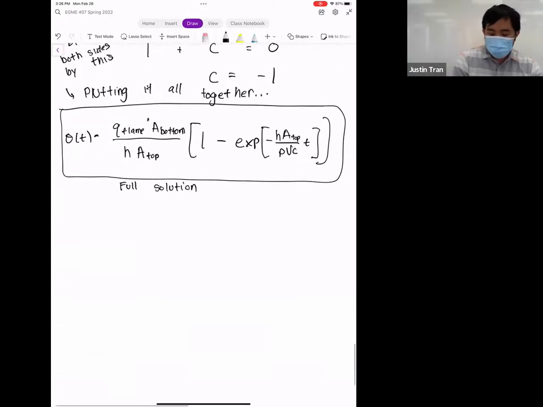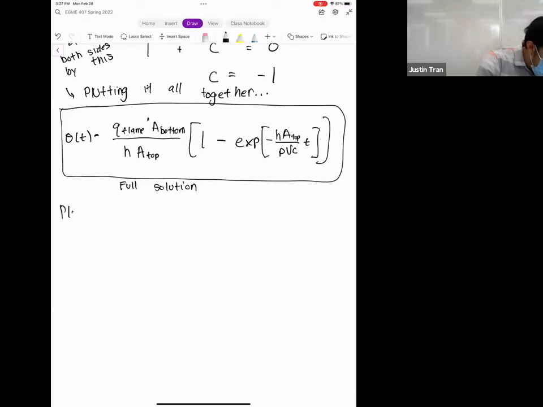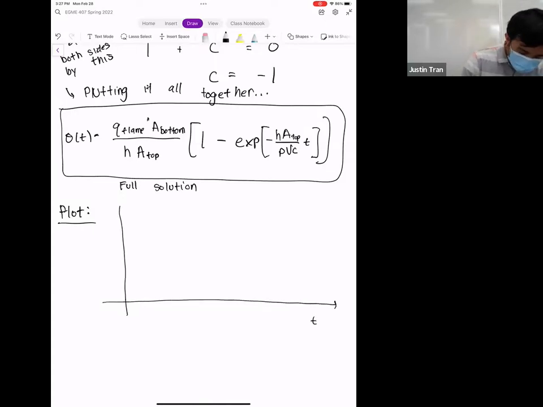All right, so let me plot this, because I think you get a full appreciation for what it looks like once you plot it. So on the x-axis I have time t, and then on the y-axis, excuse me, we have temperature. Okay. We're going to start at 0 because we assume that our pan is starting at room temperature. Okay. And if you plot this, I'm basically plotting this term right here.